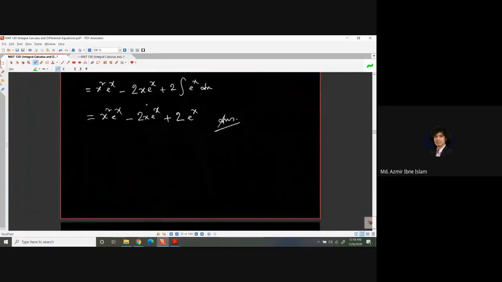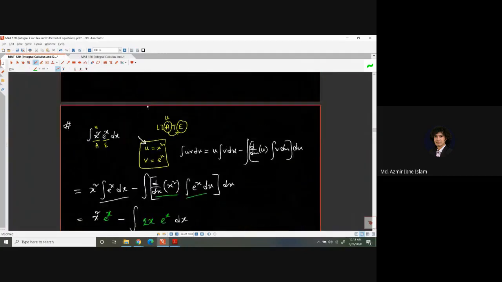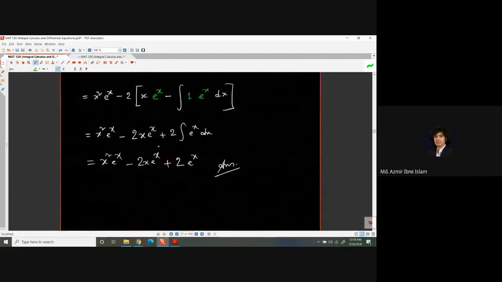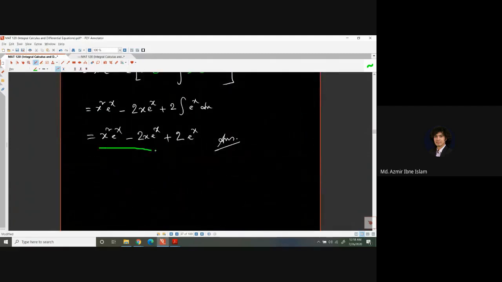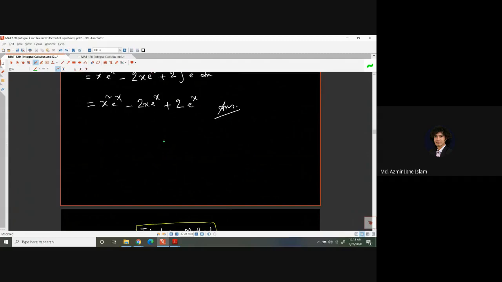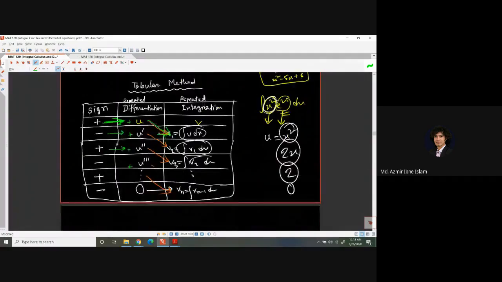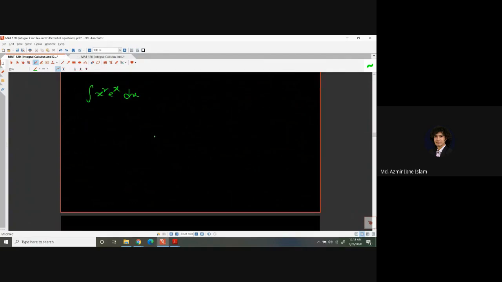Let me check again, x squared e to the power x dx. So here you can see this is the answer. We are going to apply tabular method now, and let's see what will be the result this time. The result must be same. So here we have algebraic function and exponential function, so we can think about tabular technique.